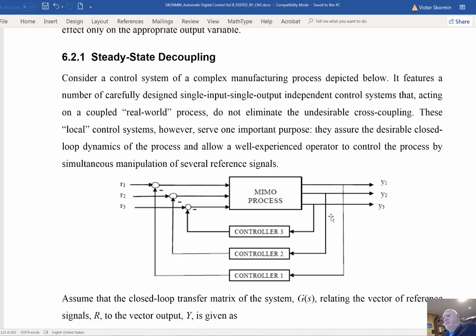I want to come up with a controller. And it looks like this is controller number 1 that would close the loop for the output number 1. And this is controller number 2 that would close the loop on the output of the controlled variable number 2. Controller number 3 closes the loop on the control variable number 3.